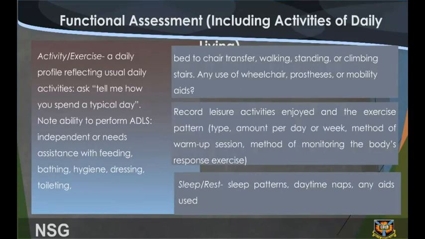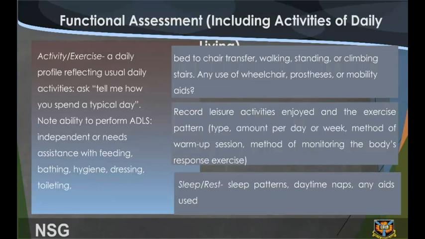Activity and exercise. A daily profile reflecting usual daily activities. Ask, "Tell me how you spend a typical day," not ability to perform ADLs. Independent or need assistance with feeding, bathing, hygiene, dressing, toileting, bed to chair transfer, walking, standing, or climbing stairs.